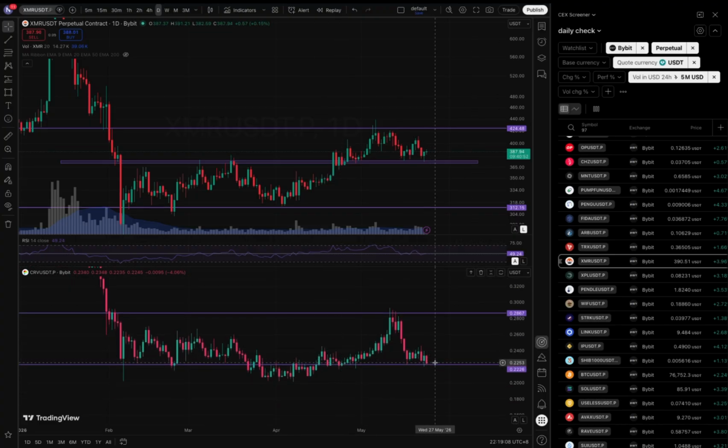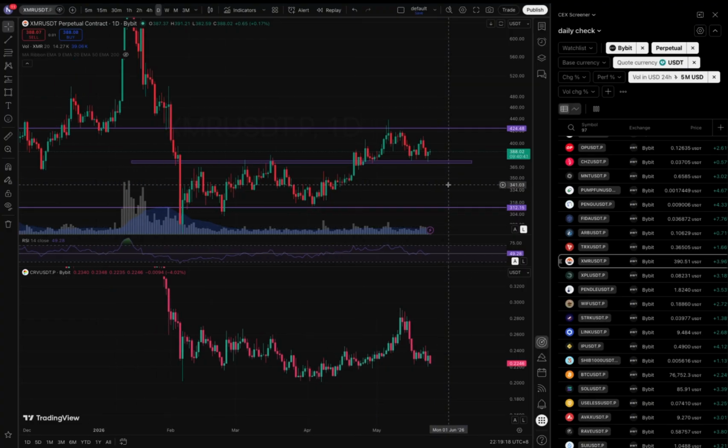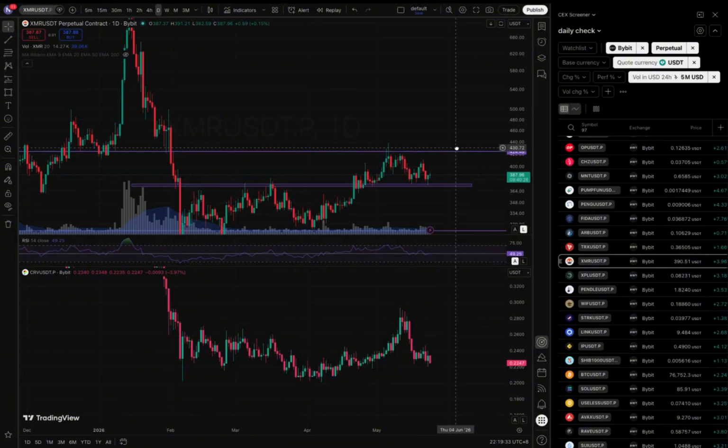So this thing is actually having a higher relative strength compared to CRV. This, what do you call this? XMR, right? Looks stronger than CRV. So if I could make this trade here, hammer, hammer, if this is a double bottom, might break out pretty soon.